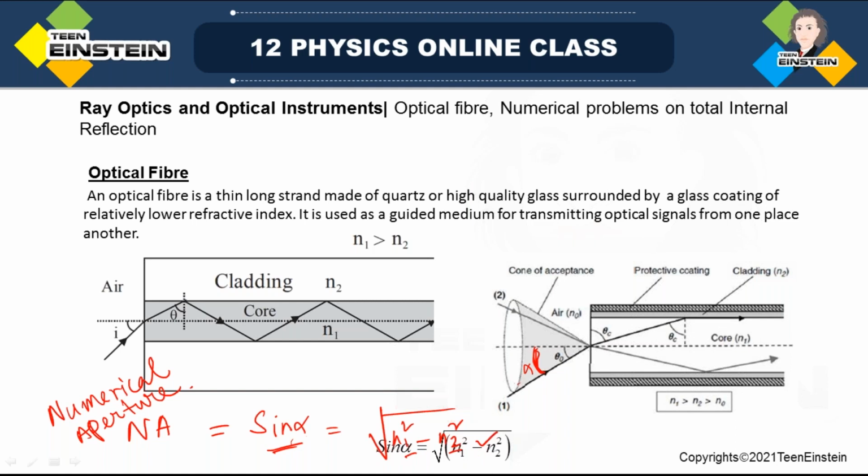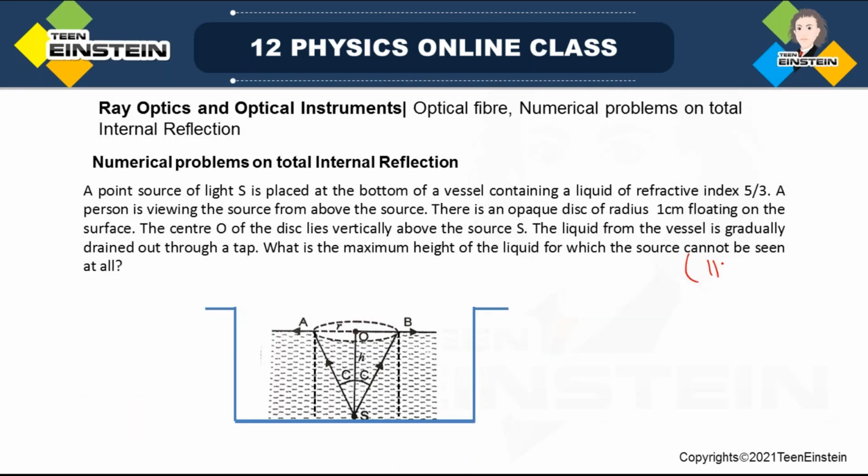Okay, there is a question over here. This was asked in some year, I don't know exactly which year, in the IIT JEE question paper. The question is: a point source of light S is placed at the bottom of a vessel containing a liquid of refractive index 5/3.